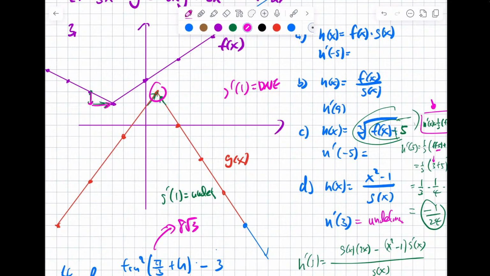If that would have happened, that's what you were to get: no solution. Undefined or does not exist should be fine on both in this situation. Yeah, it's fine. I'll put does not exist.